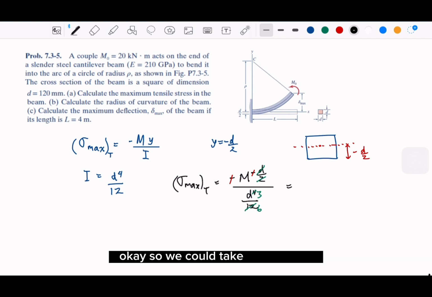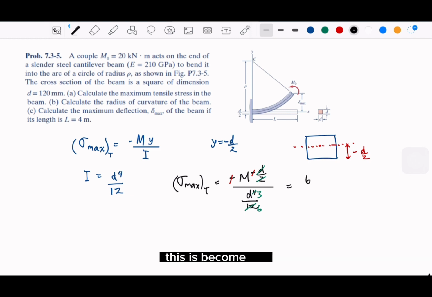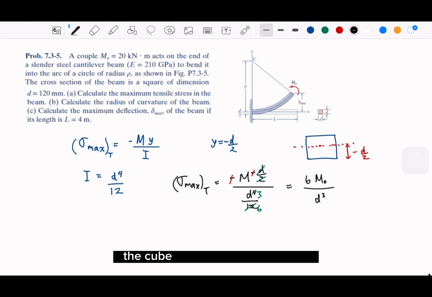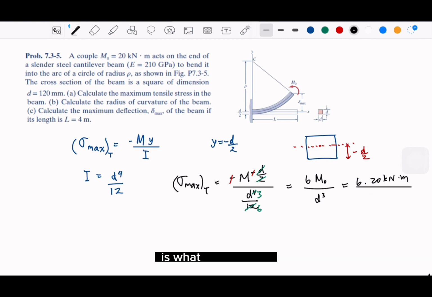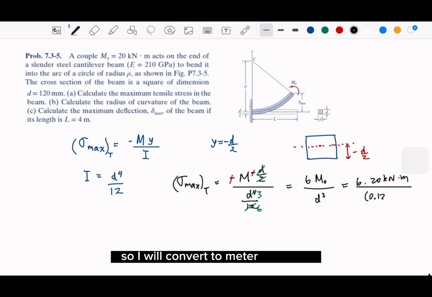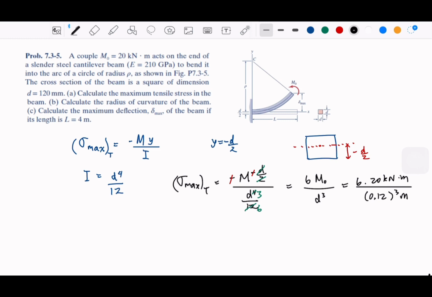So this becomes 6 M over d cube, and then we just plug in everything. So 6 times 20 kilonewton meter divided by d cube. It is in millimeters, so I will convert to meters: 0.12 cubed meter cube.